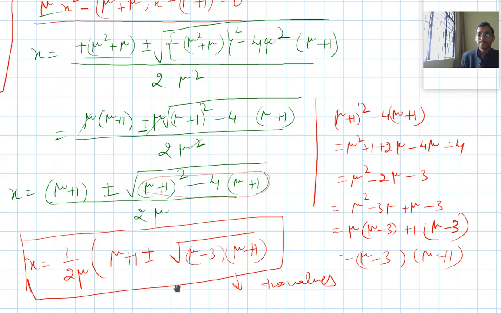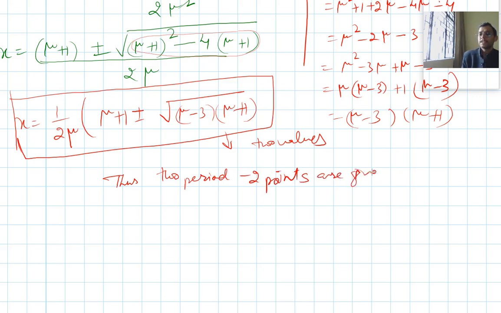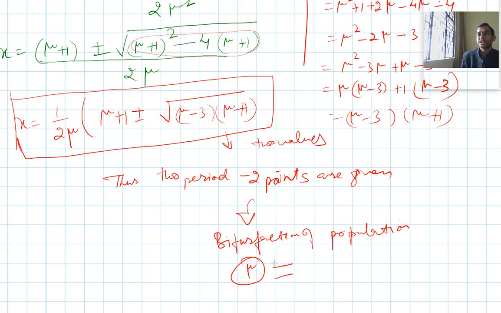So thus I conclude that 2 points are given, and this suggests the bifurcation of population with mu. Right? So this is all about this lecture.